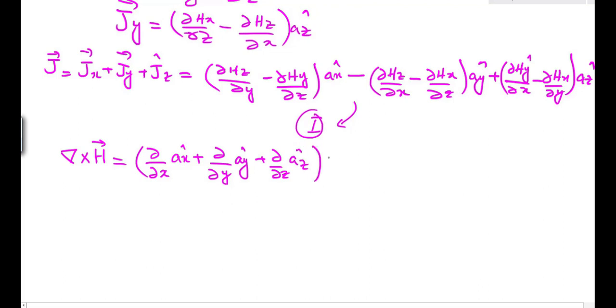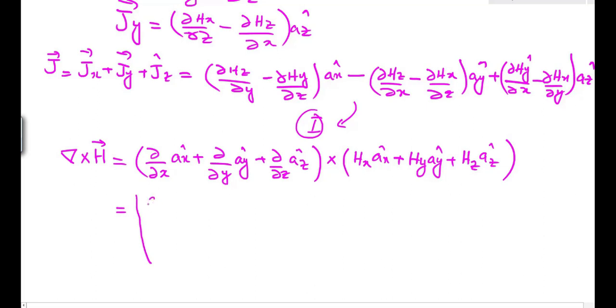If you take the cross product of this del operator with the H field, which has three components in the Cartesian coordinate system, the x component, the y component, and the z component, we have discussed a straightforward technique for the cross product. We take the determinant with partial by partial x, partial by partial y, and partial by partial z in one row, and the Hx component, the Hy component, and the Hz component in another.